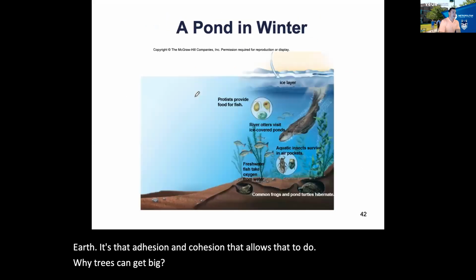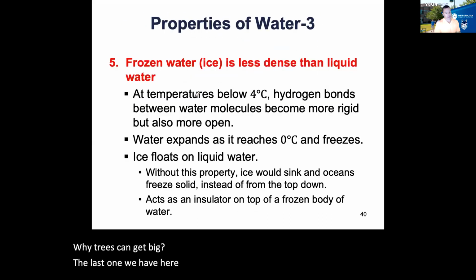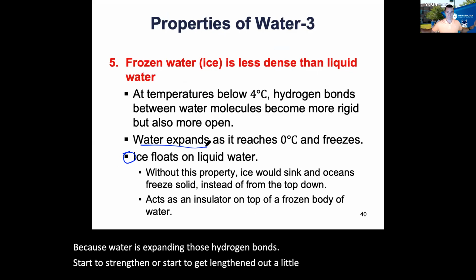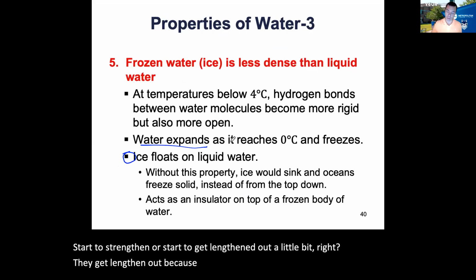The last one we have here is that frozen water is less dense than liquid. Ice floats. Why is it less dense? Because water is expanding. Those hydrogen bonds get lengthened out a little bit because the water is starting to solidify.